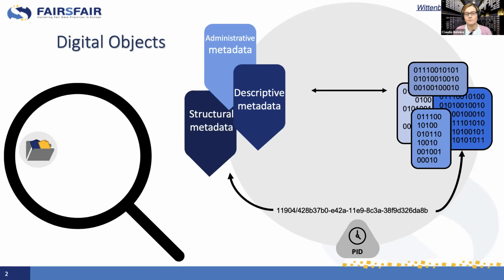Then we have administrative metadata, which will tell a user or also a machine what type of data is actually in this digital object, but also how it can manage this digital object. And last but not least, there's descriptive metadata, which is a data type that we as humans usually would query if we look for a digital object. So for example, the title, it can also be an author, or in many, many cases, it's actually keywords and a subject, because I not necessarily know what is the name of my digital object.